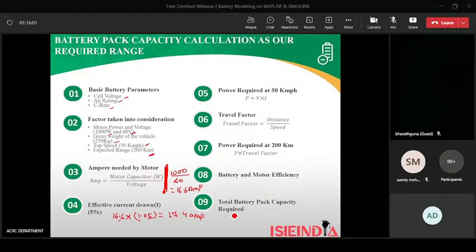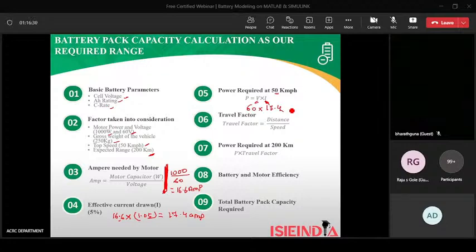Now I will be calculating the power required at 50 km. So what is the voltage and what is the current? Voltage is 48 volt, and current is 17.4 ampere.